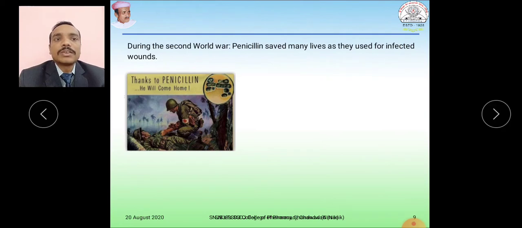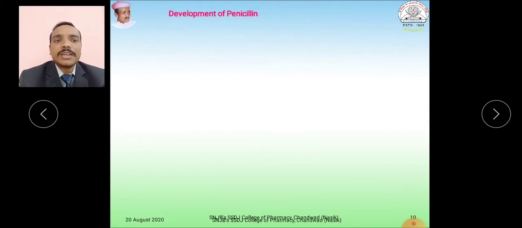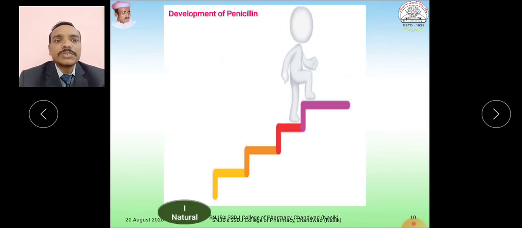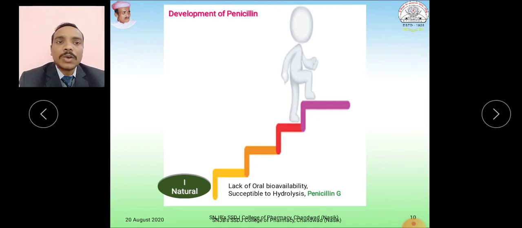During the Second World War, penicillin saved many lives as it was used for infected wounds. During that time, it was used to treat diphtheria, gangrene, pneumonia, syphilis, and tuberculosis. Now, how were these antibiotics developed? First there were the natural antibiotics, which lacked oral bioavailability because of susceptibility to hydrolysis.